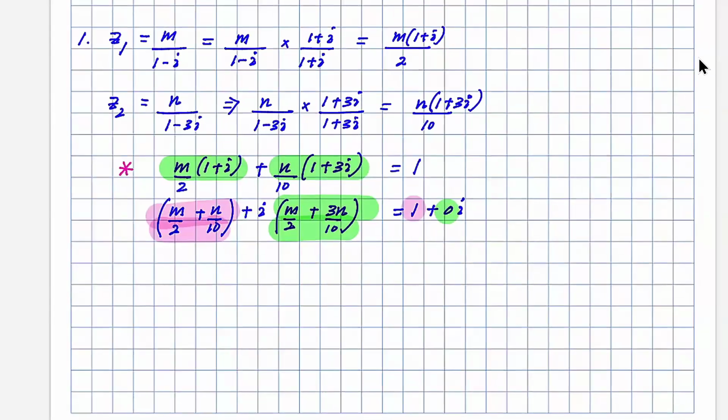When you do that, you get a simultaneous set, which is going to be 1 here, and this here. I'm not going to do that further. Solve the simultaneous equations, you get the answer.